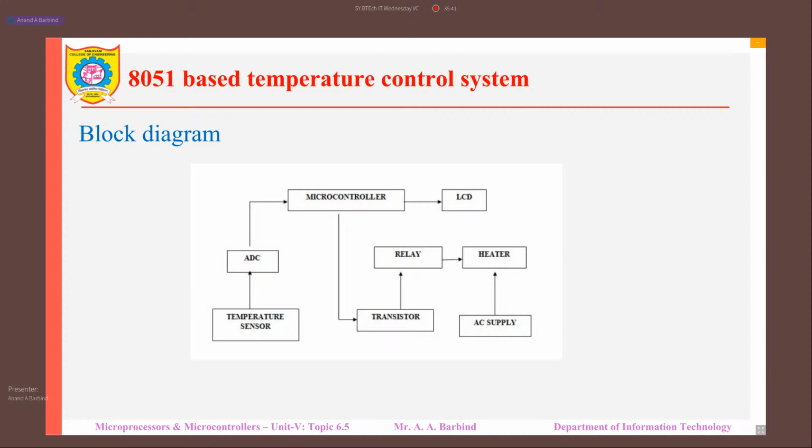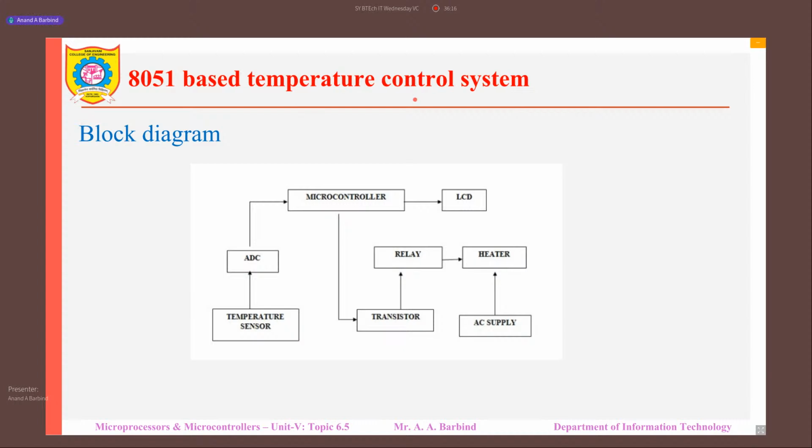Let us see the last point from this particular unit, which is a system that is based on the 8051 microcontroller or any microcontroller. But specifically because we are going to study the 8051 microcontroller, we take this as a system that is based on the 8051, a temperature control system.